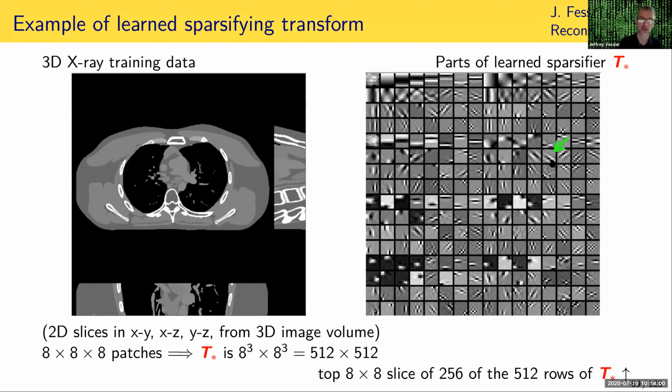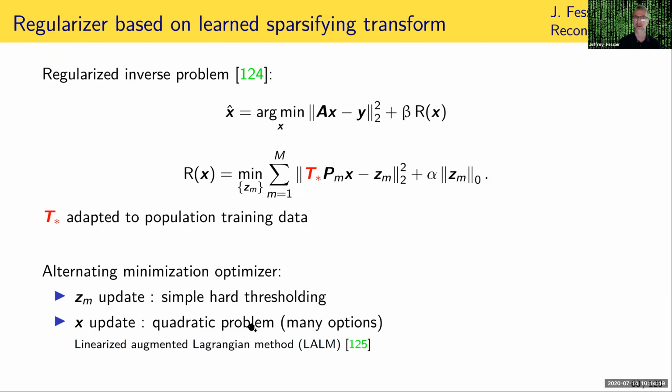All right, so that's learning a unitary transform from a single training data, but keep in mind there's a lot of patches. There's roughly 512 cubed patches in this training data. I don't know, it's actually not that many slices, 512 squared by probably 100 slices here in the training data.